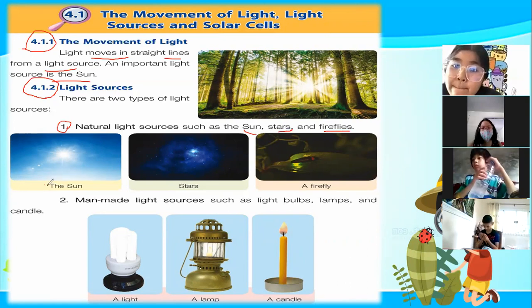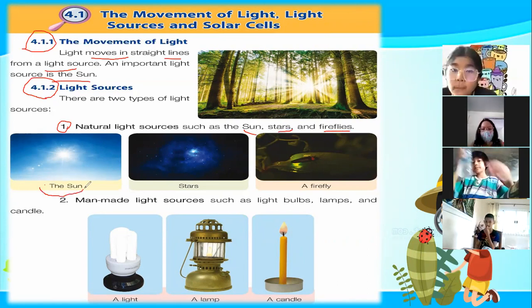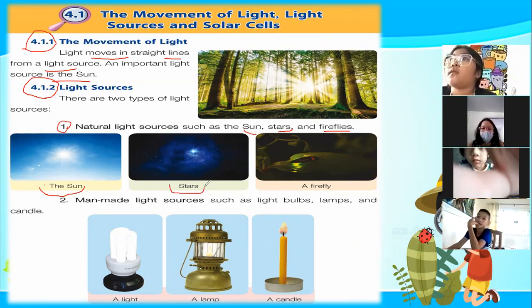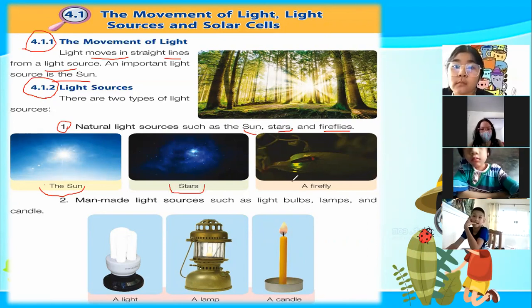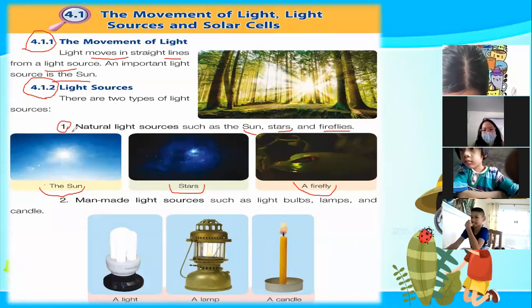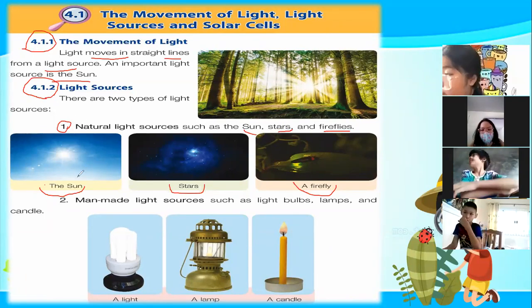Number one is the biggest source, the sun. Next to that are stars, and we also have fireflies. All of these three are natural sources which give us light.